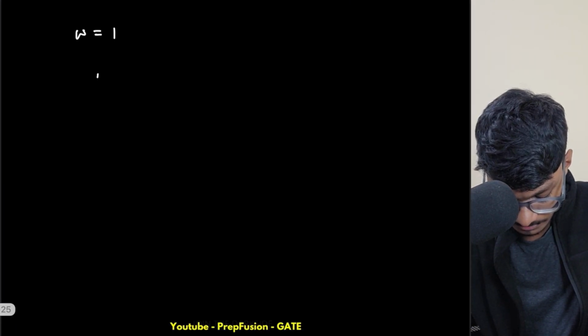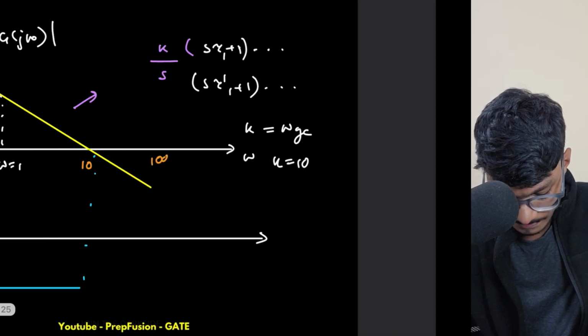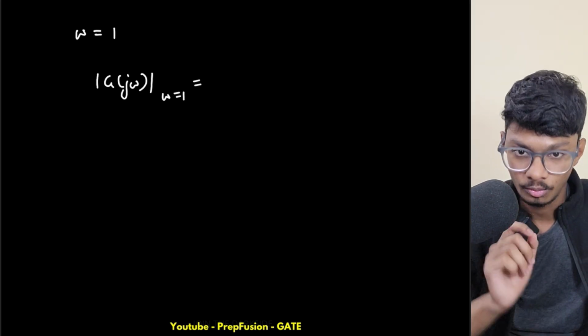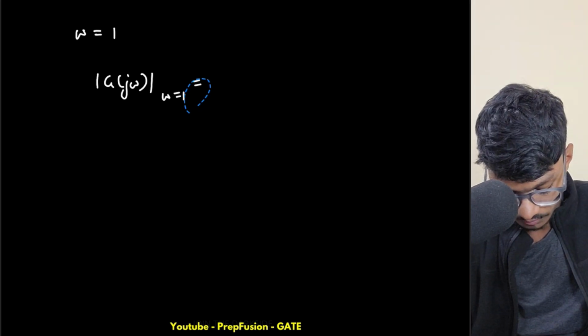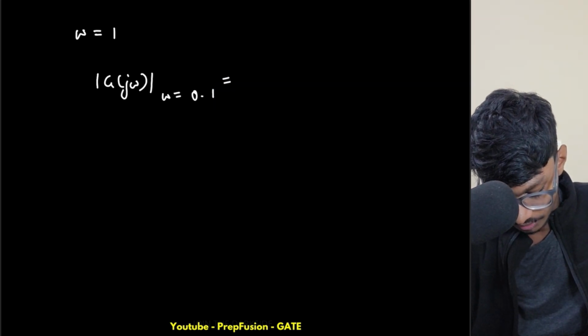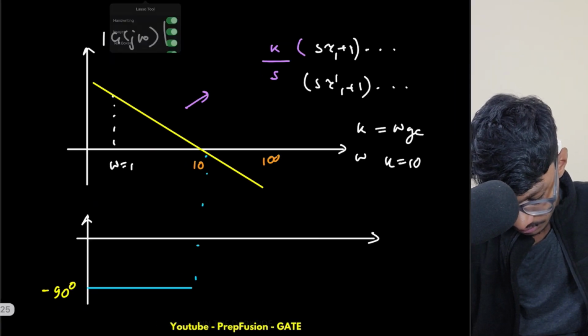Not at omega equals 1, I meant omega equals 0.1. That is why that approximation comes up. So omega equals 0.1, okay, omega equals 0.1.